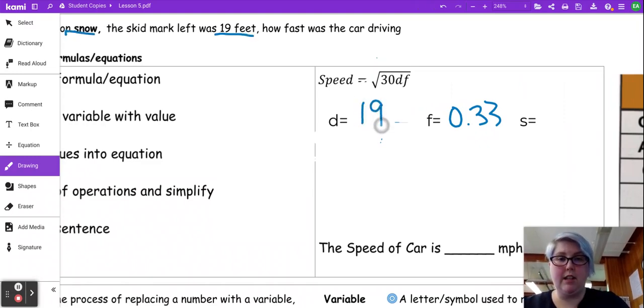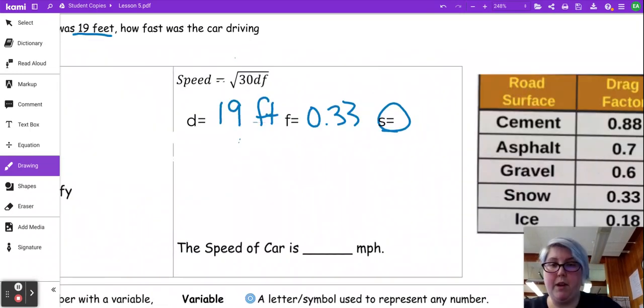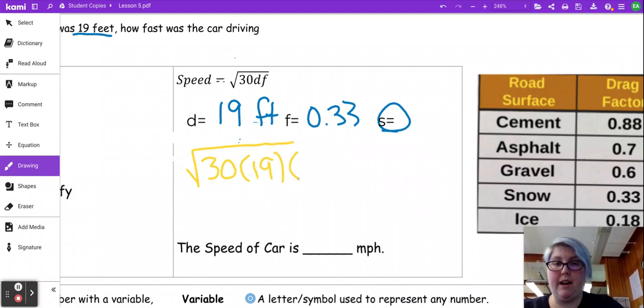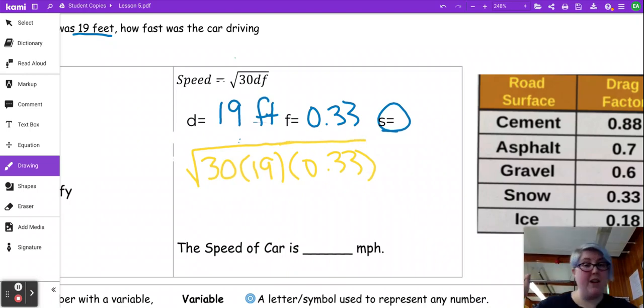Now we need to figure out the speed. We have the square root of 30. We know d is 19, and we know f is 0.33. And again, those parentheses, so you don't think that's all one big number.